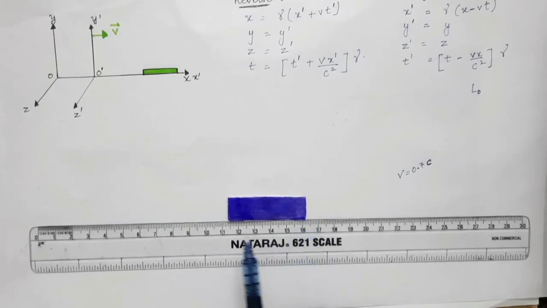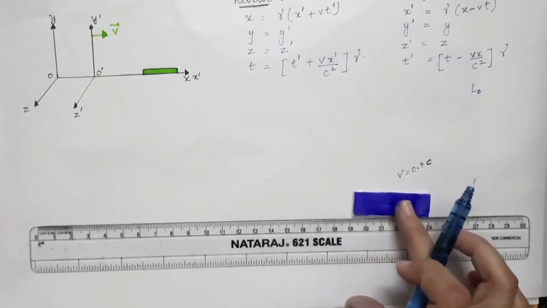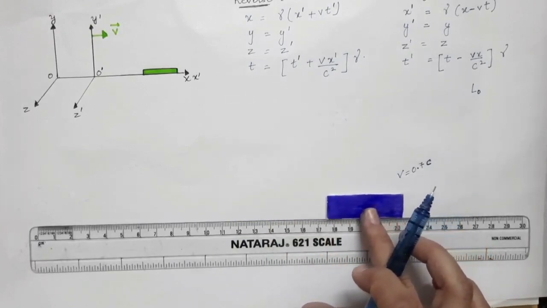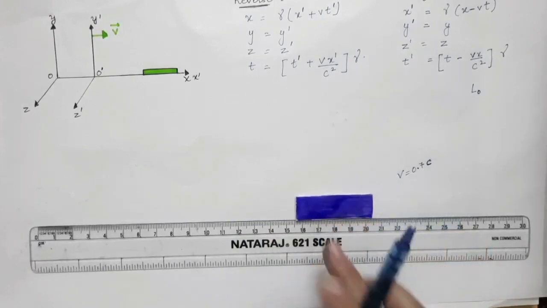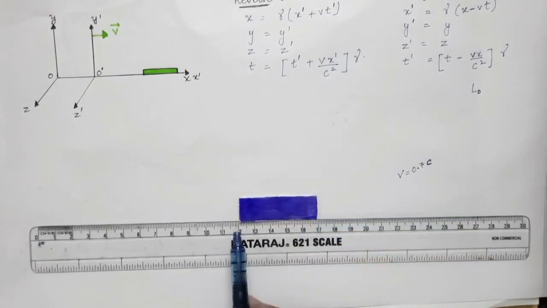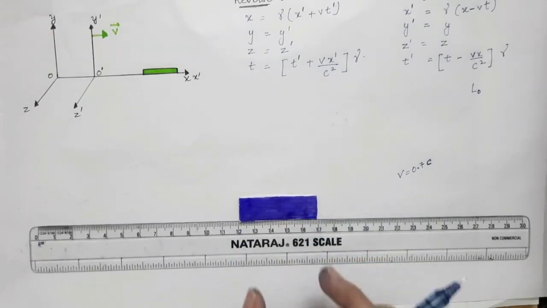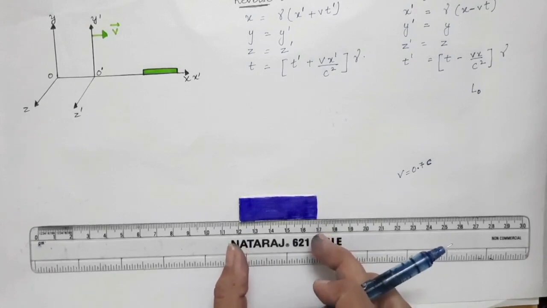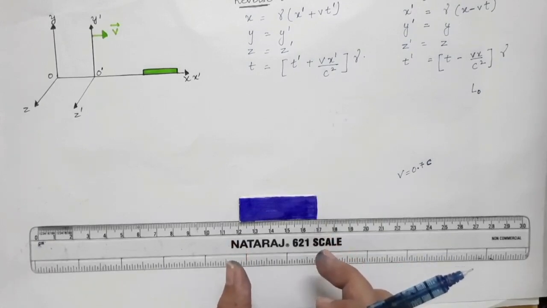In this case, x1 prime and x2 prime are not independent of time. They are dependent upon time. As you can see, as time is passing, x1 prime is changing and x2 prime is also changing with time. So x1 prime and x2 prime must be measured at the same time.